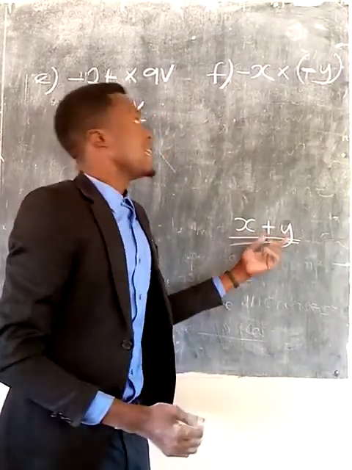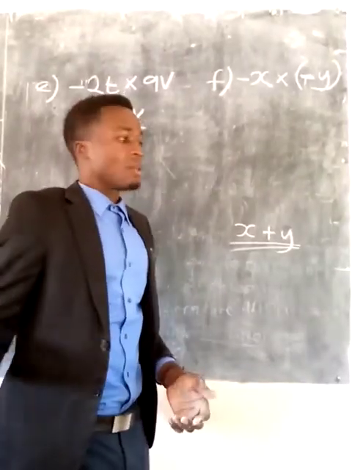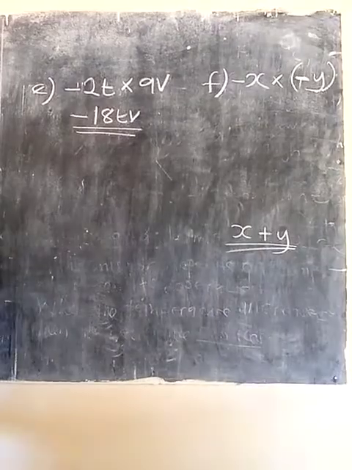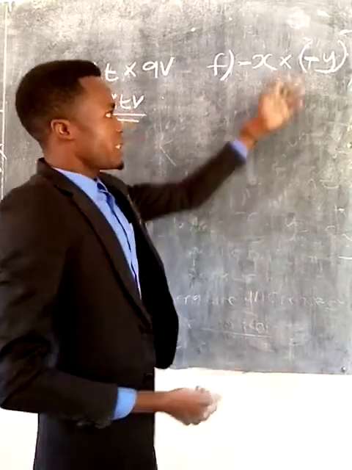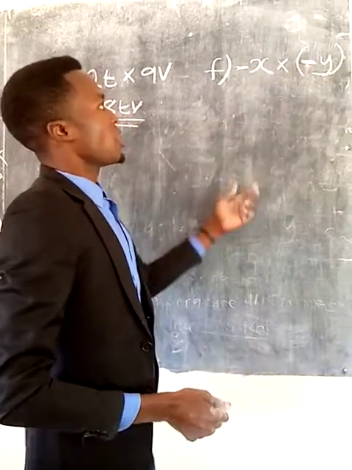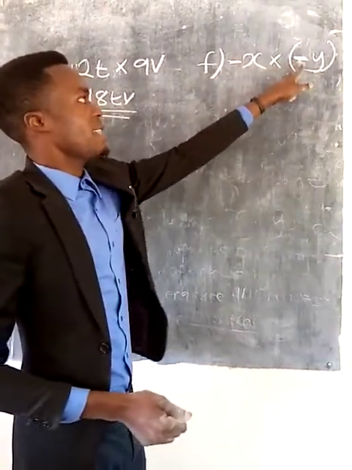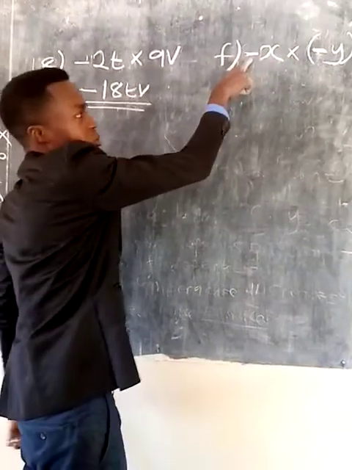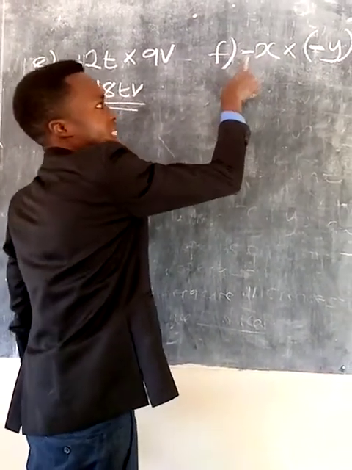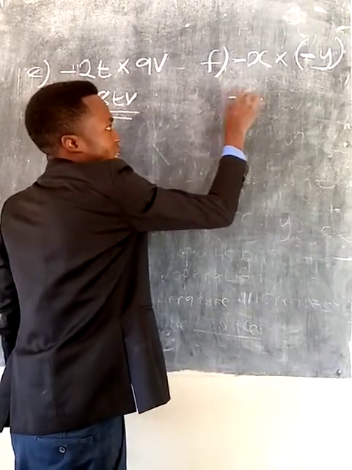You can't simplify. Now, when it comes to multiplication, it's a different case. You need to understand, as usual, that there is a coefficient of 1, there is a coefficient of 1, and the sign is there. So as usual, start with the sign. Negative times negative will give us a positive.